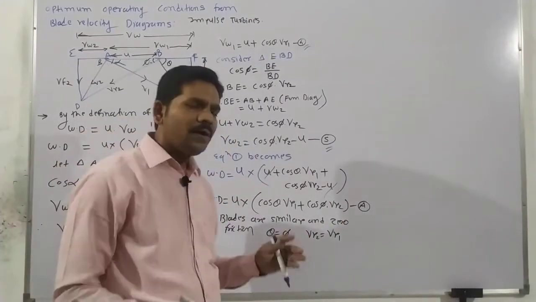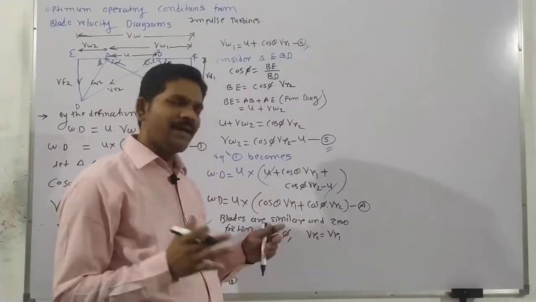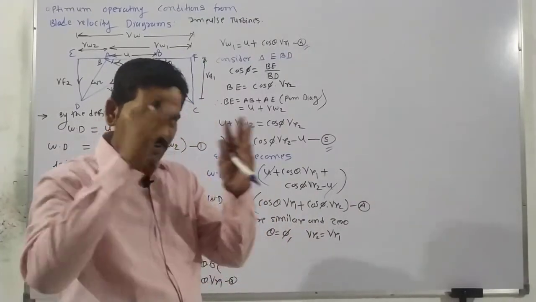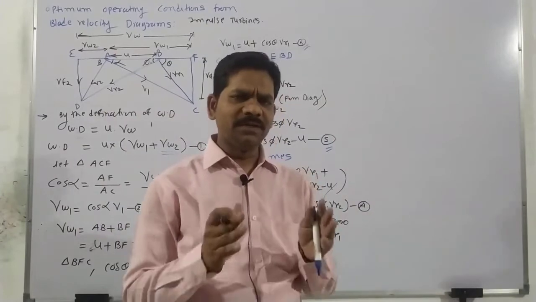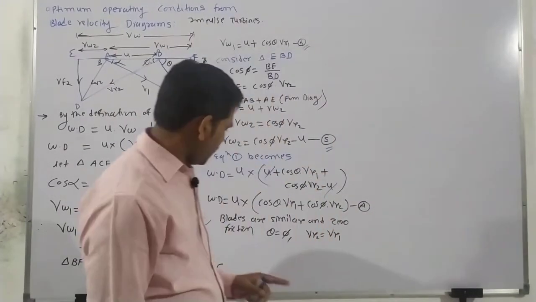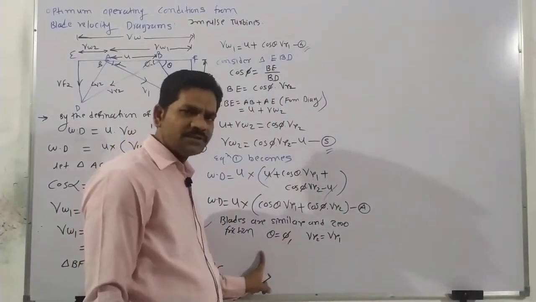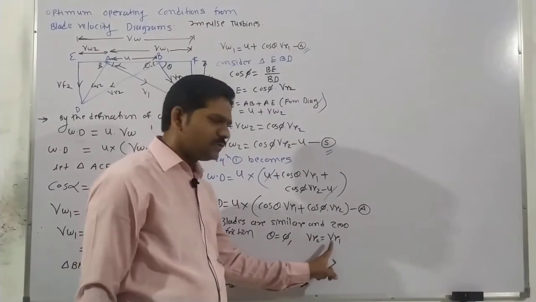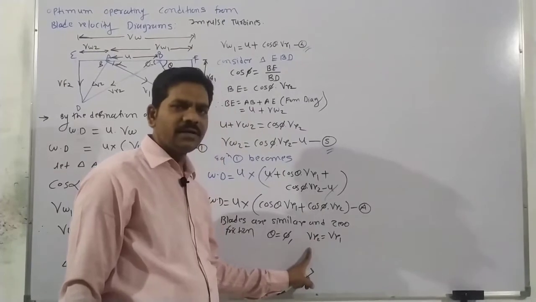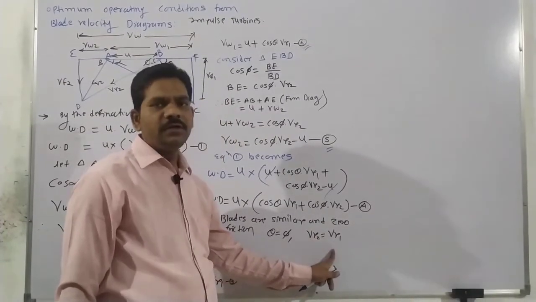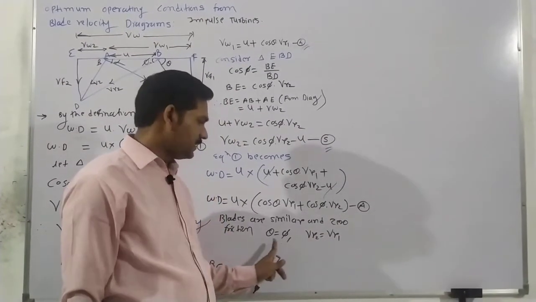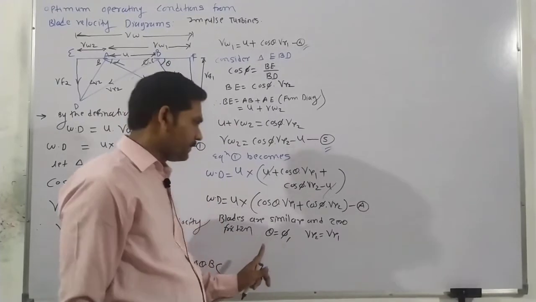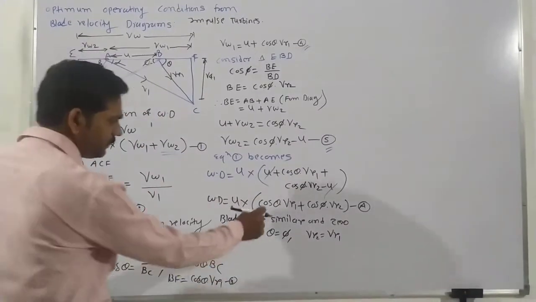Why? Because all the blades are similar, that's why the blade angle is also the same, and therefore the friction of the steam is also zero. So phi is equal to theta and VR2 is equal to VR1. The relative velocity at outlet is equal to the relative velocity at inlet, and the blade angle is the same.